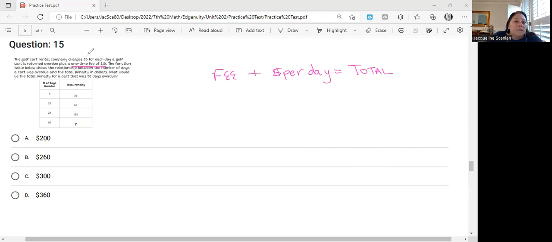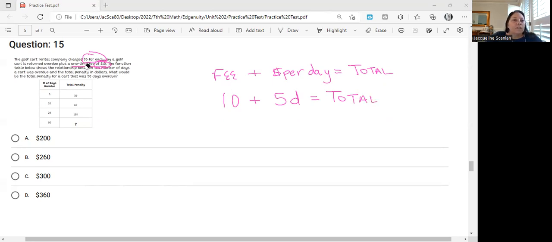Our fee is $10. So it's going to charge us $10 plus the amount of money per day, $5 per day. So it's going to be $5 per the number of days D. And that's going to give us our total amount of money that we owe. Okay, I can use this information to answer this question.